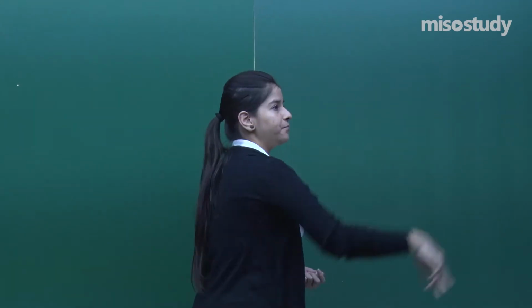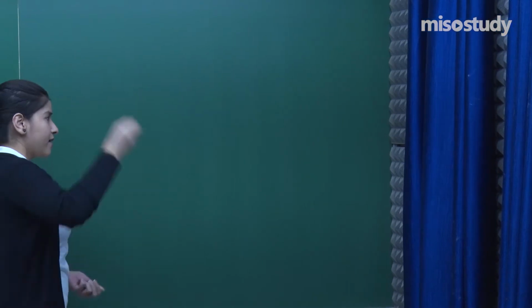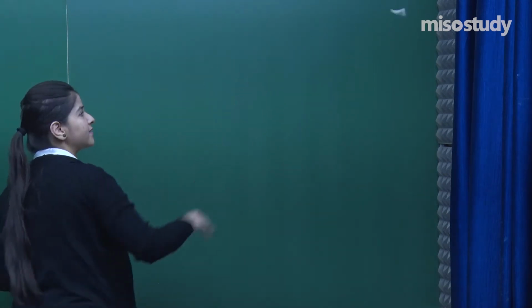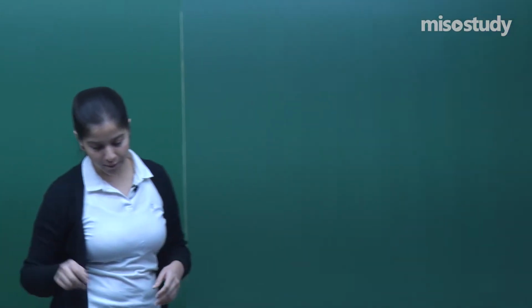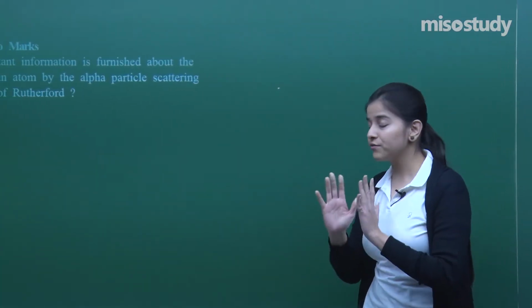See here, can you see how the chalks are getting deflected? This deflection he observed via the alpha particles. The gold foil experiment was very interesting.